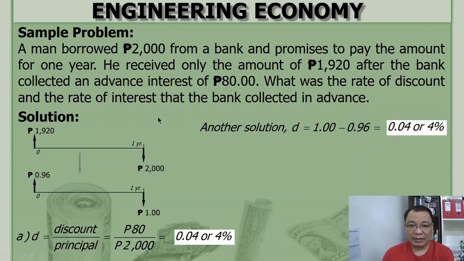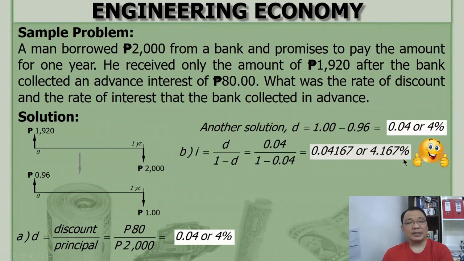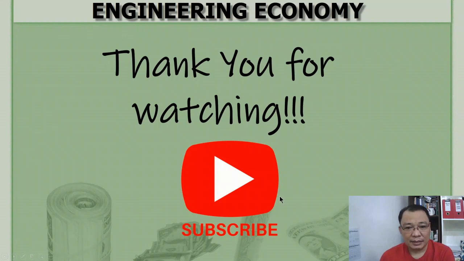And then for the rate of interest, the formula is D over 1 minus D, and the answer is 4.1667%. So, this diagram will help you get the discount more easily. You can just subtract F minus P. Thank you for watching.